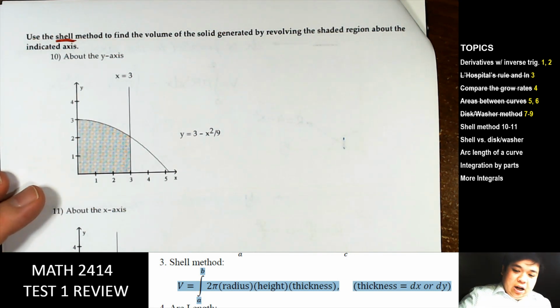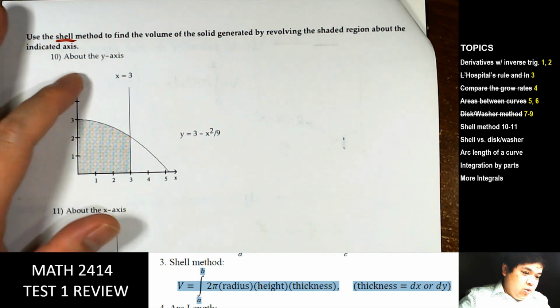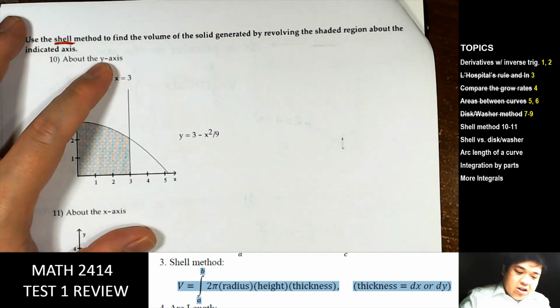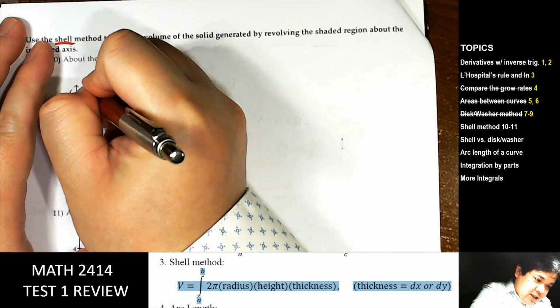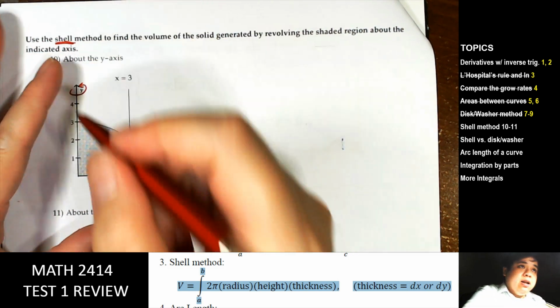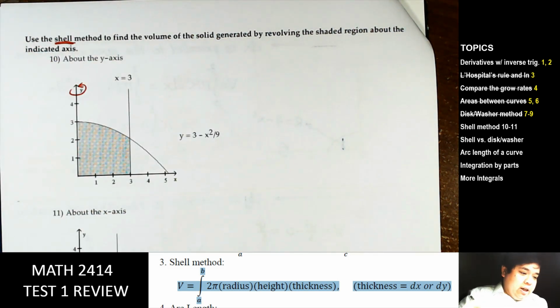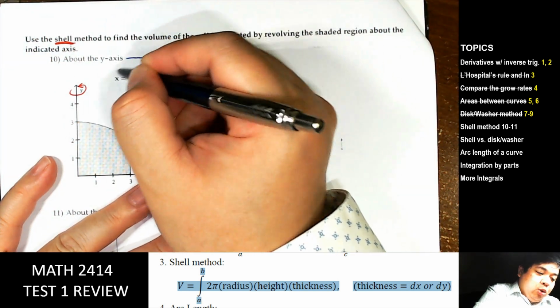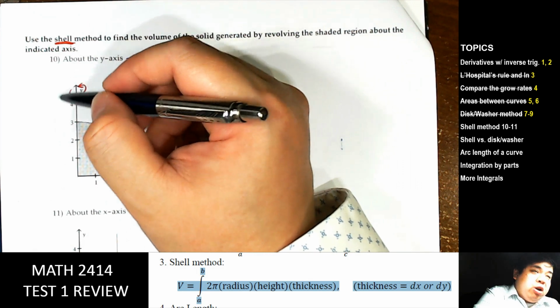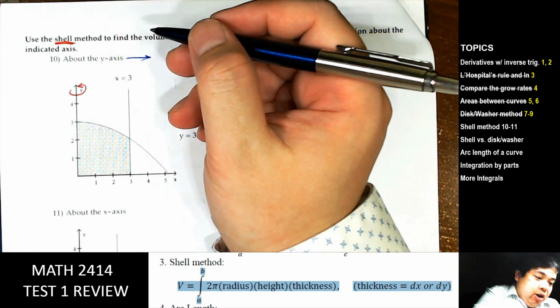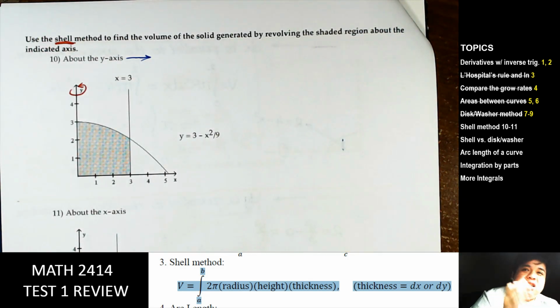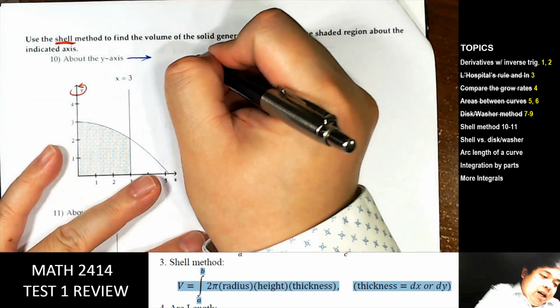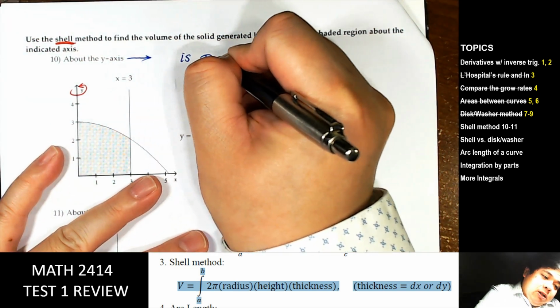For the shell method, the first thing is that it is rotated about the y-axis. So the axis of rotation is the y-axis. First we have to find either dx or dy that is perpendicular.